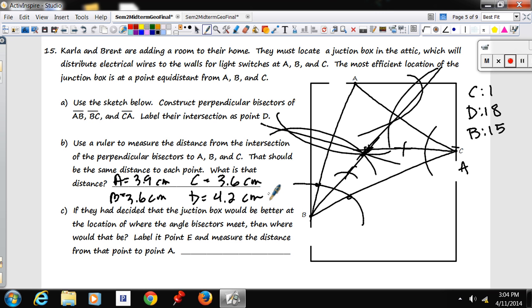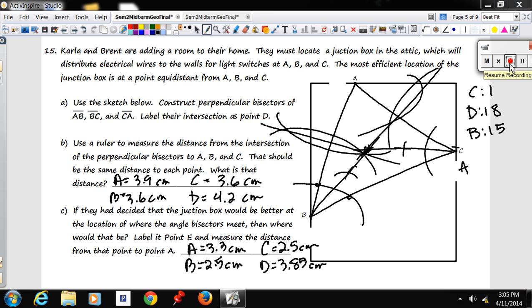Letter C, your A answer was 3.3 centimeters. Your test B, your answer was 2.5 centimeters. Test C, your answer was 2.5. And for test D, your answer was 3.85 or 3.9 centimeters. That was for construction on the light box.